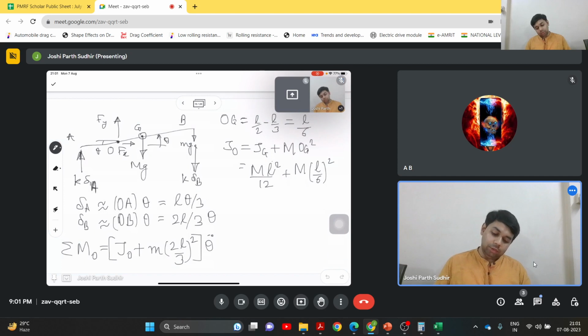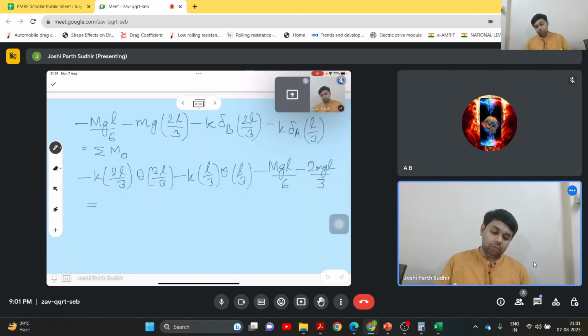So it is basically J equivalent into theta double dot.